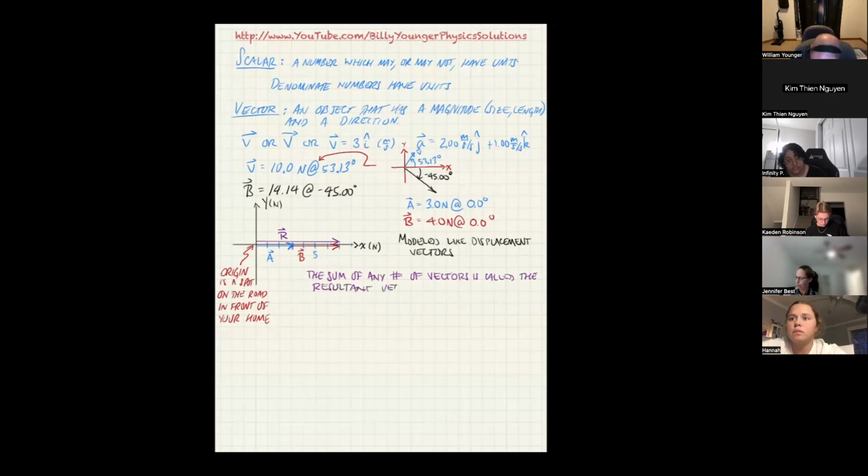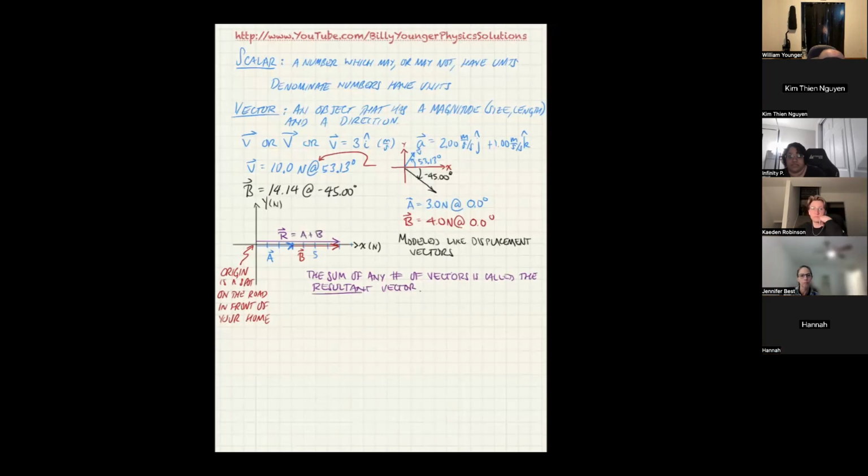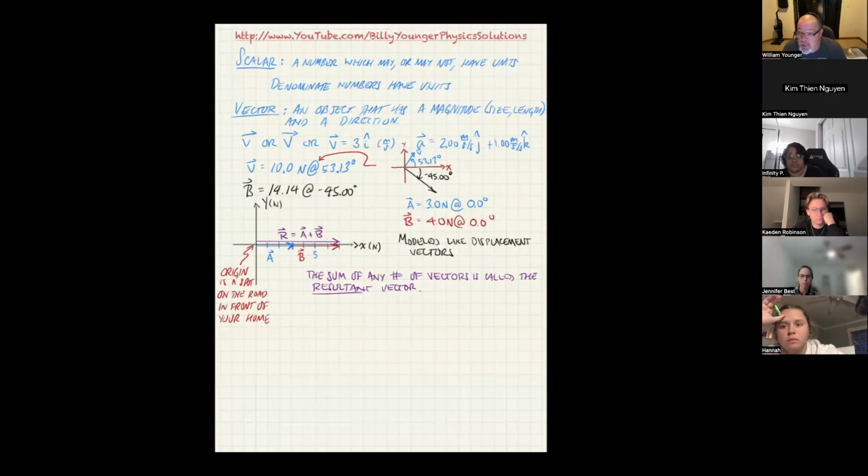Why would the resultant vector and the B vector be the same length on the graph? That is a little misinterpretation of the diagram. That's a good question. It would not be. What you need to see here is I distinctly tried to draw B starting at the end of A. So B doesn't go all the way back to the origin.